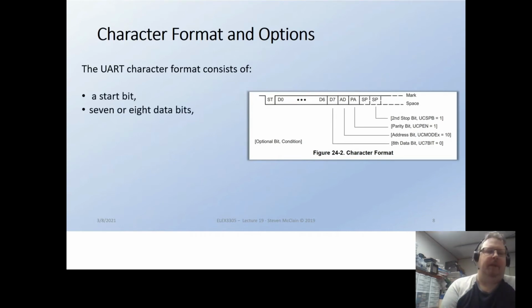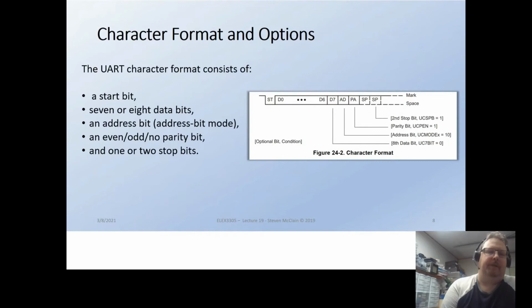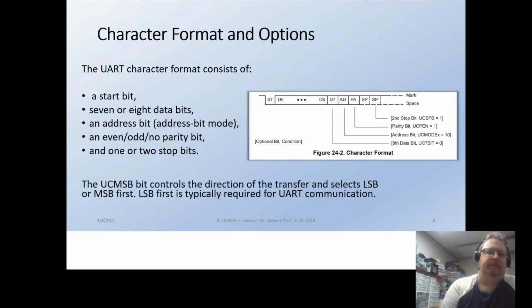So: start bit, 7 or 8 data bits, an address bit if you're in address mode, even, odd or no parity, and 1 or 2 stop bits. And that's 1 character. And you can set whether it's high bit or low bit first.